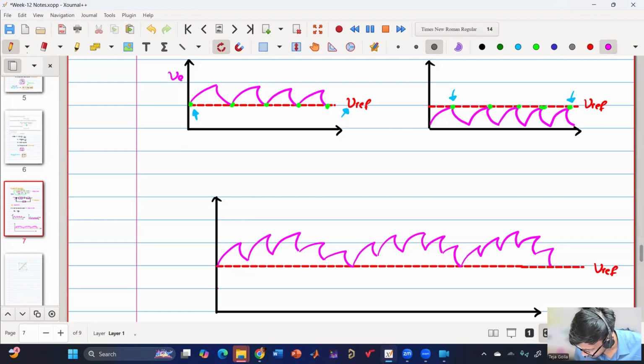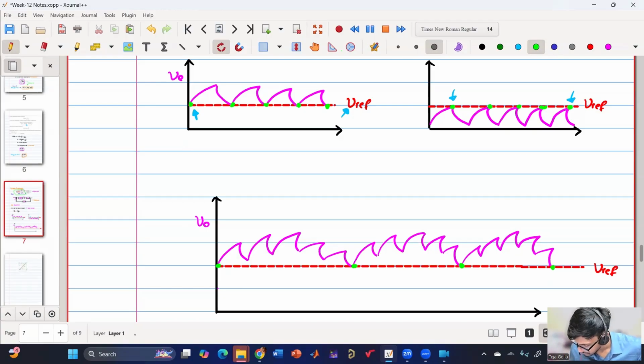Because I am taking my sample once in 5 cycles, say 1, 2, 3, 4, 5, and again 1, 2, 3, 4, 5. So my digital controller will ensure wherever I am taking a sample, that point will be regulated at V reference. So other points can be anywhere. There is a possibility that it can be above V reference or below V reference. I have considered one of the possibilities.